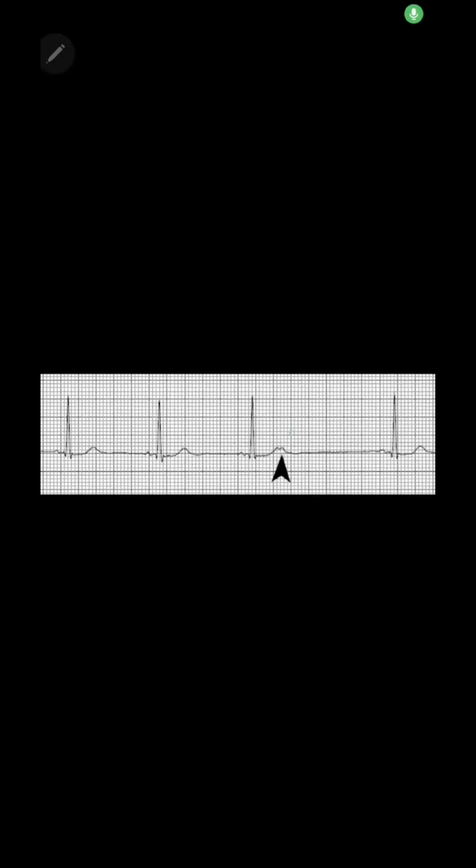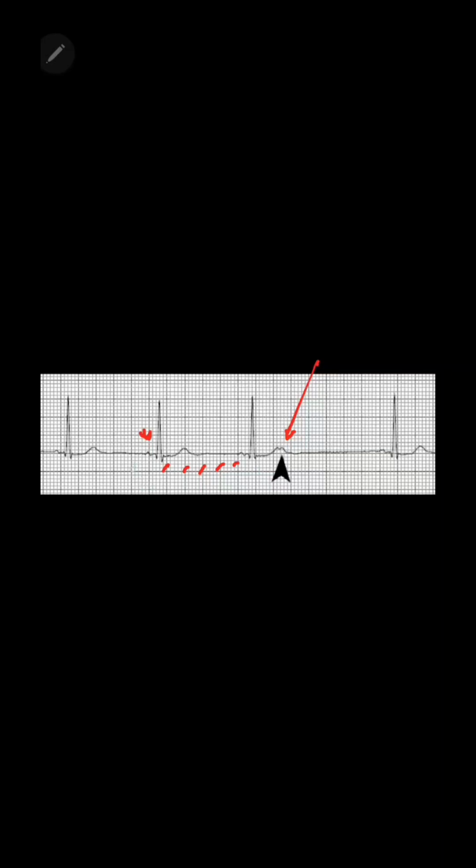Here is another example. As you can see, we have a lonely non-conducted P wave right over here at the tail end of this T wave. Now, if we are to march out our P waves to see what our P to P interval is, I'm going to pick this P wave right here because it's on a large box. So I'm going to count 1, 2, 3, 4, 5. That's where the next one is.